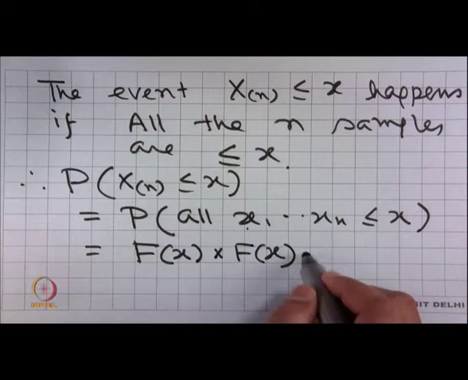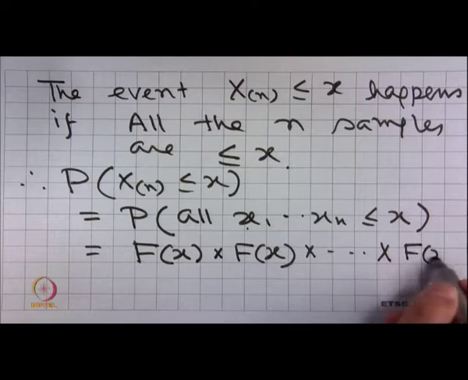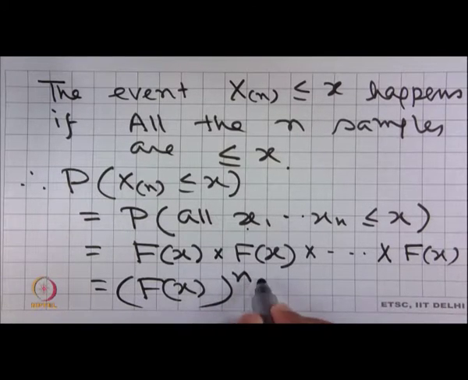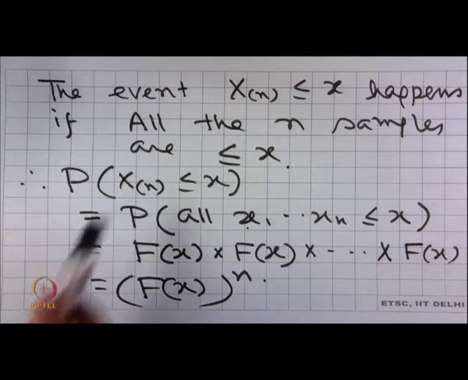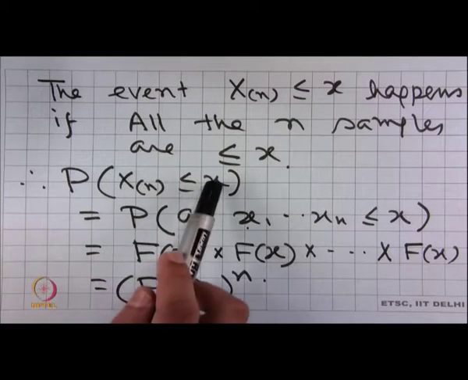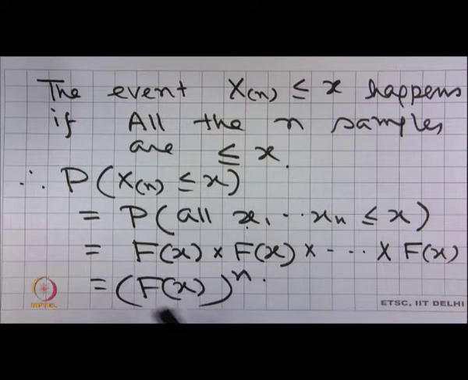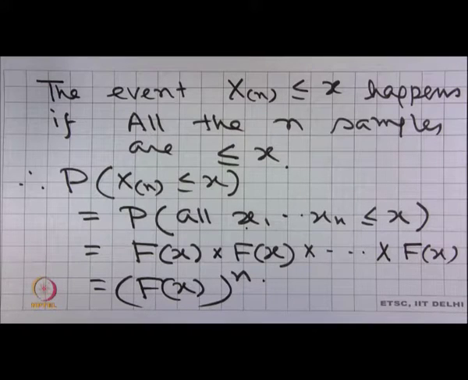That is also F x, and the product is F x to the power n. Therefore, the maximum will be less than or equal to x if all the observations are less than or equal to x, and that probability is F x, where F is the parent distribution, to the power n.